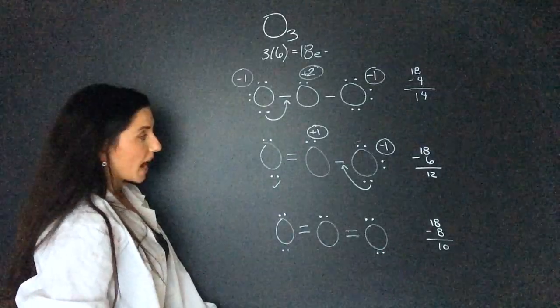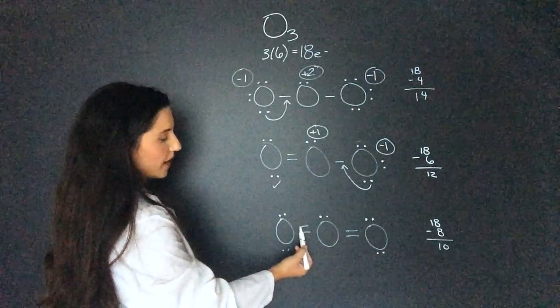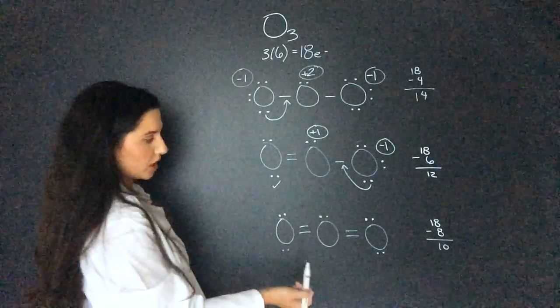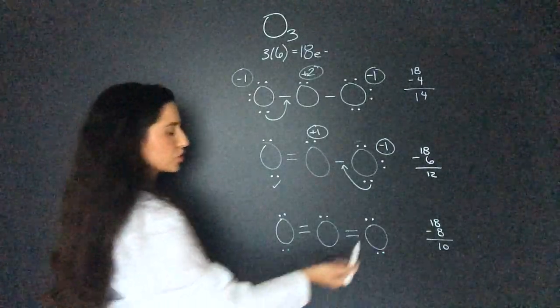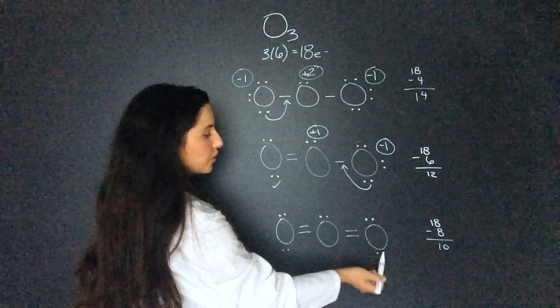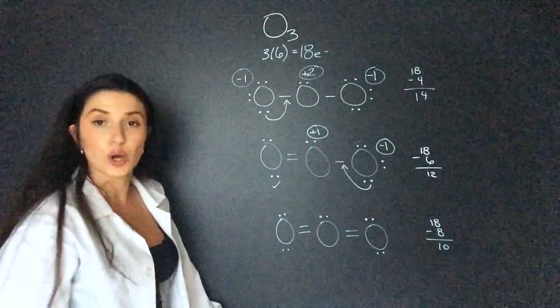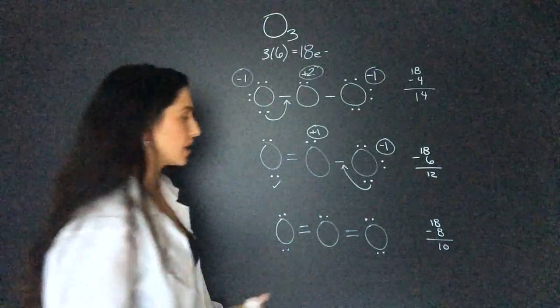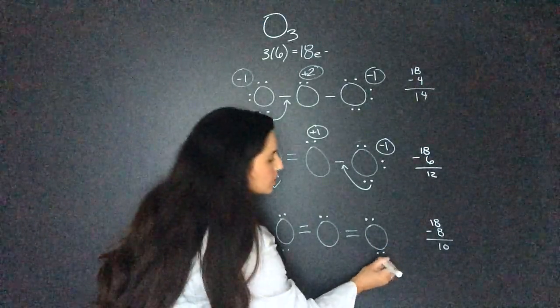Perfect. Each atom individually, this has 2, 3, 4, 5, 6, good. 2, 3, 4, 5, 6, neutral. 2, 3, 4, 5, 6. They all have 6 valence electrons and no charge. But let's check our octet rule. We have 4, 5, 6, 7, 8, so this one's good.